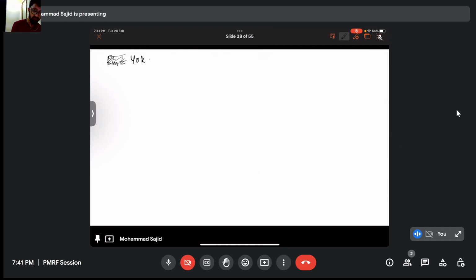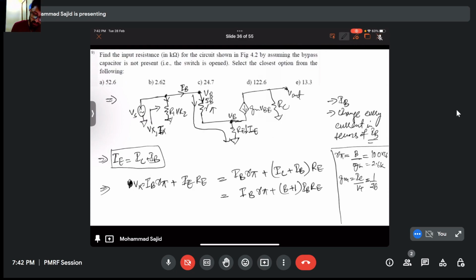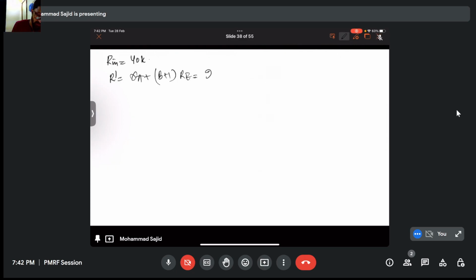This calculated resistance, that is R pi plus beta plus 1 Re, will be given by R pi, which was 2.6k, plus beta is 100, that will be 101 into Re. Re is given to us as 3.3k.